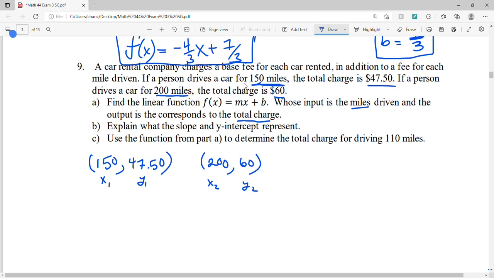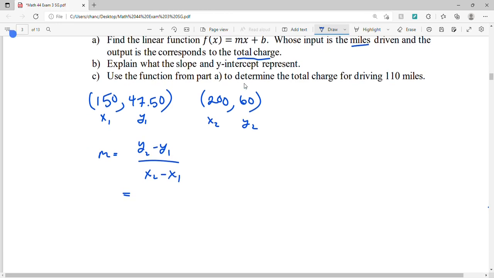We can find our slope using the same formula, y2 minus y1 over x2 minus x1. And so this gives me 60 minus 47.50 divided by 200 minus 150.